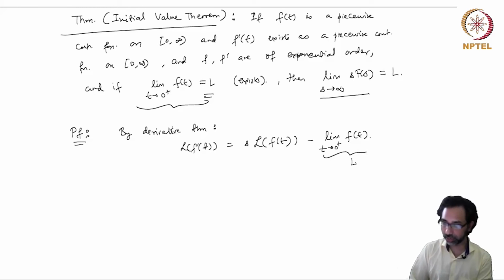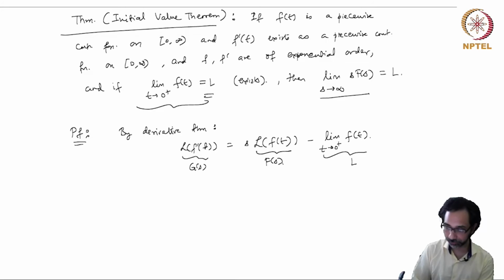This is nothing but L, and let us denote this as G(s) and this as F(s). So we have G(s) is sF(s) minus L.